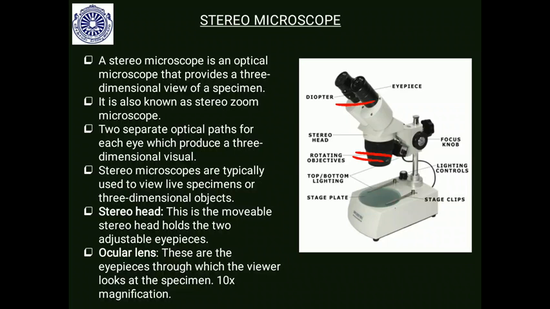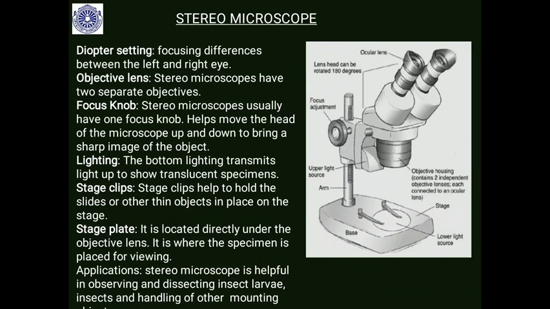So this is the ocular lens, and this is a diopter setting. That means focusing differences in the left and right eye. The stereo microscope has two separate objectives, so you will be able to find two separate objectives. Then the focus knob, as usual, it focuses. Then there is the light source you will find.